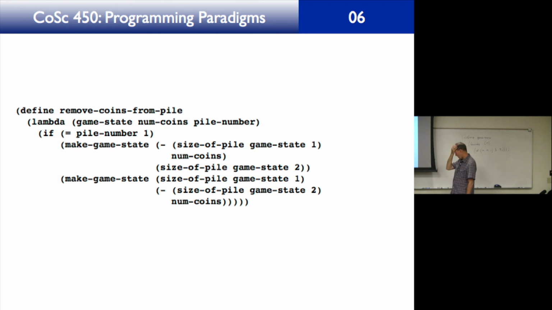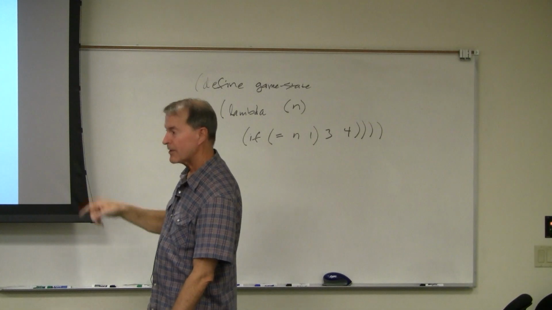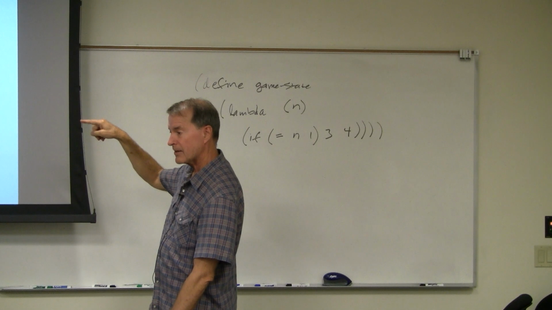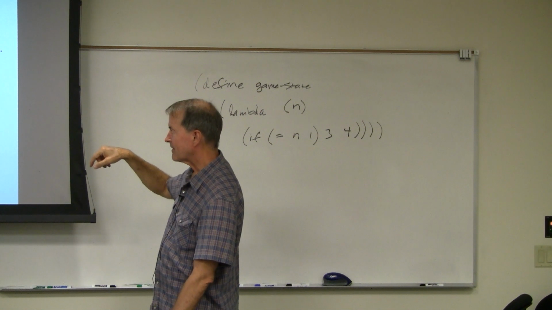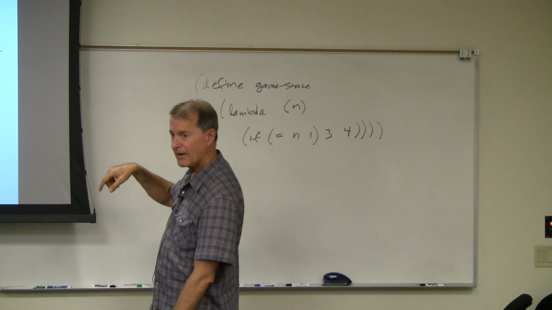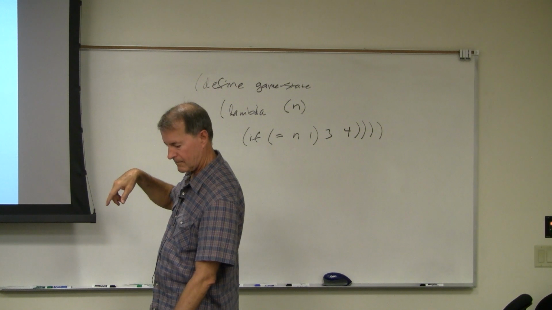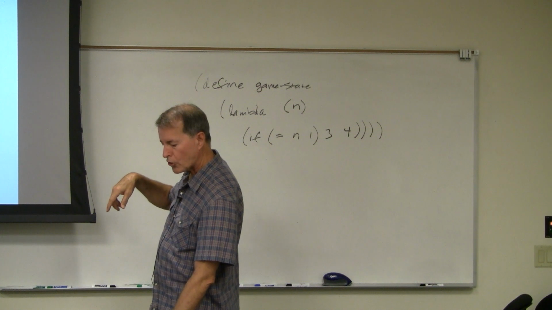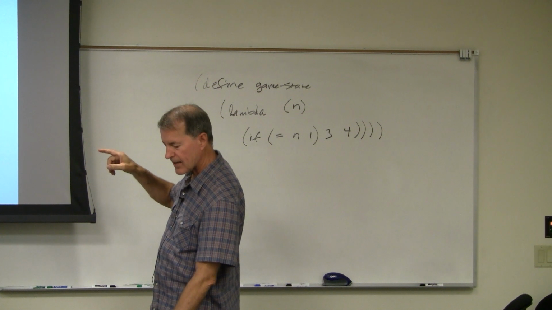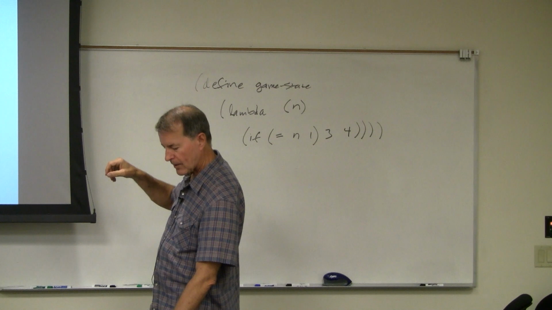Let's go on. Does everybody understand how this works? Yeah? Wouldn't you need to redefine game state again, so that it calls, because we wrote it with the specific numbers? Oh, no, yeah. But what I'm saying is, hold on.